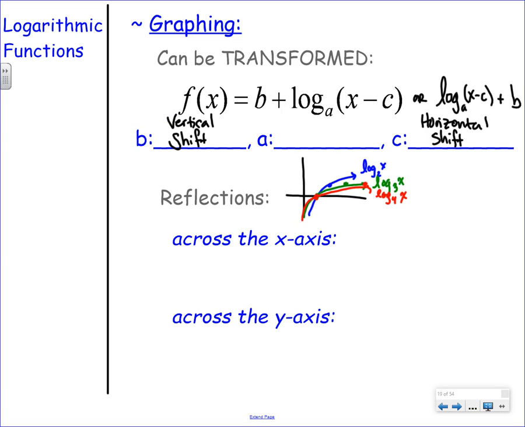It goes smaller. It vertically shrinks, does that kind of make sense? So I just wanted to show you guys that as far as bases. As the base increases, the curve flattens.